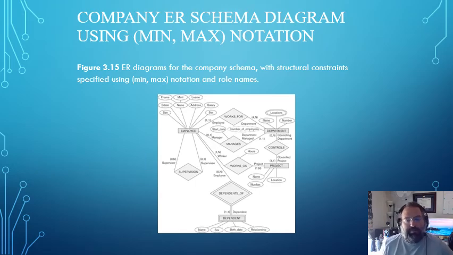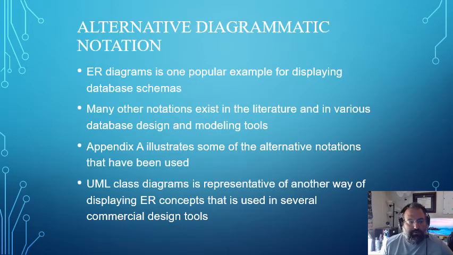Company ER schema diagram using min-max notation. We're adding the min-max to the notation. Alternative diagrammatic notation. ER diagrams are one particular or popular example of displaying database schemas. Many other notations exist in literature and various database designs and modeling tools. Appendix A later on illustrates some of the alternative notations that are used.